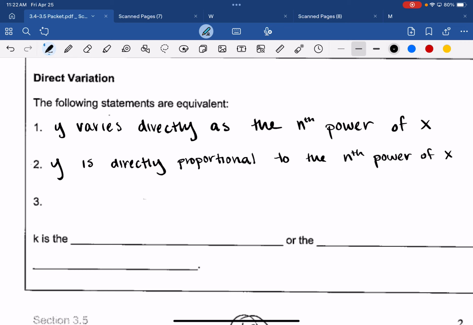We'll talk about that. Nth is just like an exponent, basically. Or you literally might see y equals k, x to the n. There's your nth power there. For some coefficient.